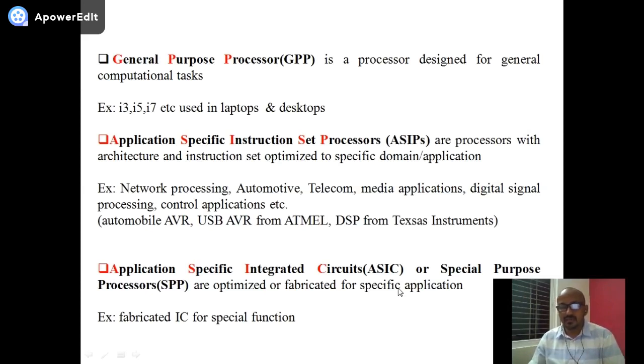So, single function. So, these are the differences. General purpose, you can do multiple functions. Application specific instruction set processors are optimized for a specific domain. ASIC is specially fabricated to do a single function or a specific function.